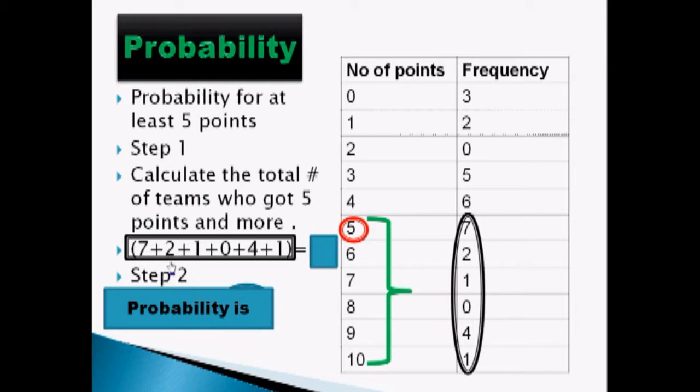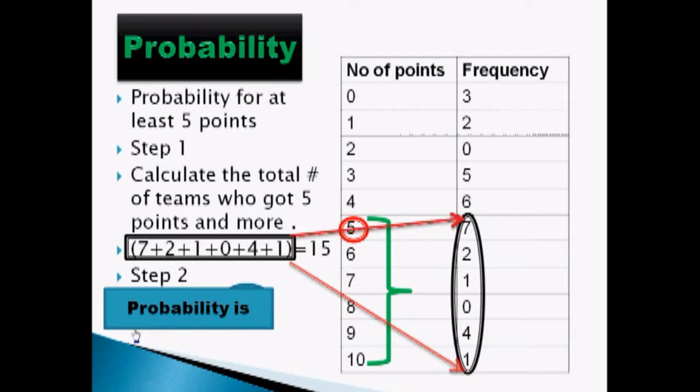And then 7 plus 2 is 9, plus 1, 10, plus 4, 14, plus 1 is equal to 15. So these arrows are indicating to you where you start to add and where you stop. So you start to add from 7 down to 1.